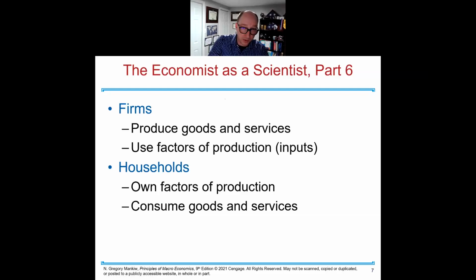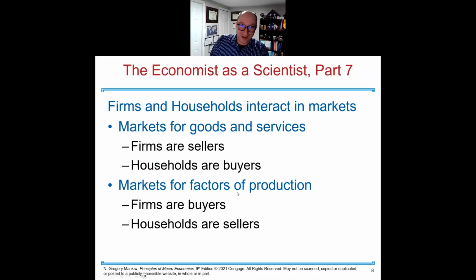The companies produce the goods and services, and the households consume those goods and services. On the other side of that, the households work for the firms, therefore the households receive income from the firms, and then they spend that income on goods and services. You see how it works? It's cyclical. It's circular. I'm going to show you the graph here shortly to help it make a little bit more sense.